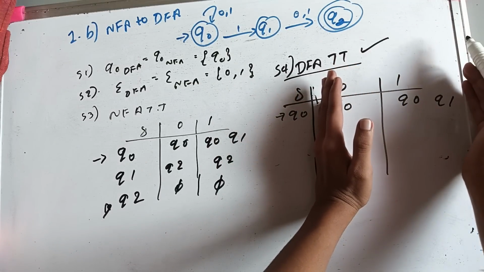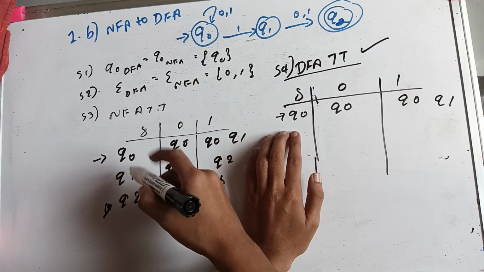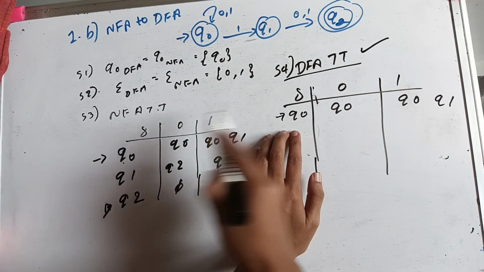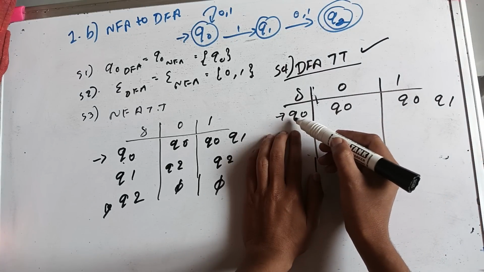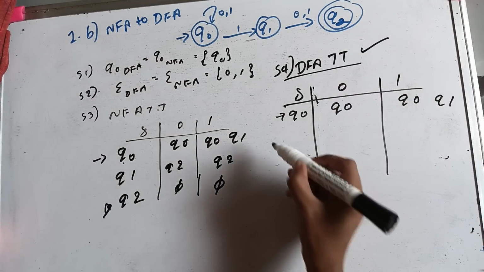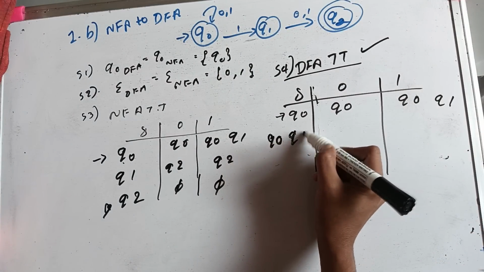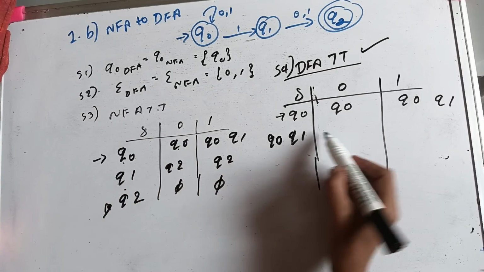Whatever new state we get, we write here, okay. First write Q0, on 0 Q0, on 1 Q0, Q1, okay. After that Q0 is defined. Next the Q0, Q1 state is there, okay. Q0, Q1 upon 0 goes to Q0, Q2.